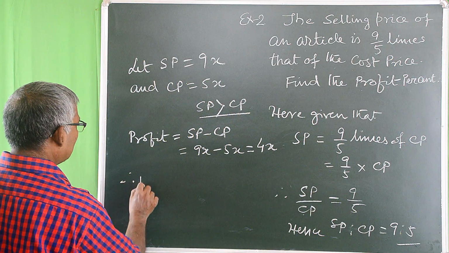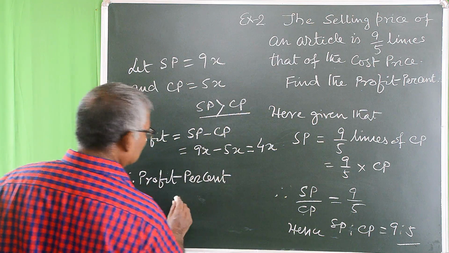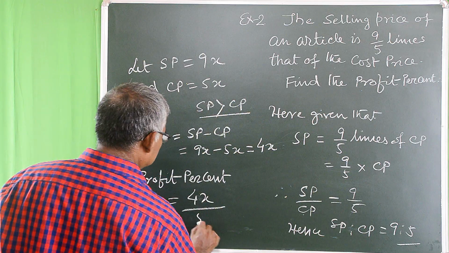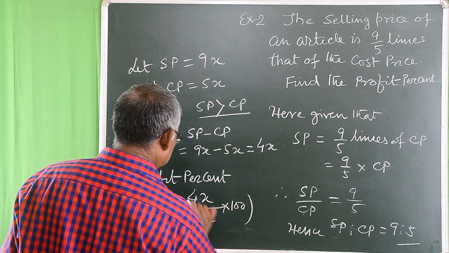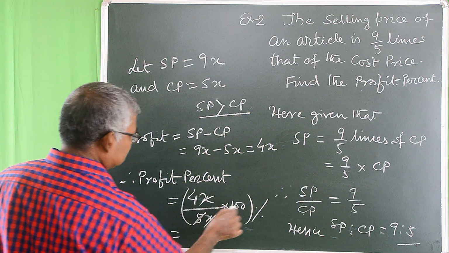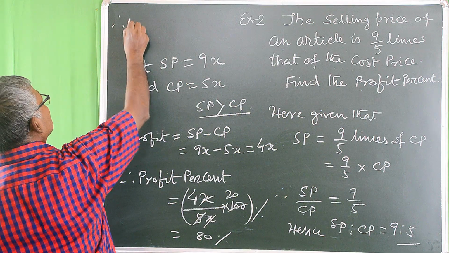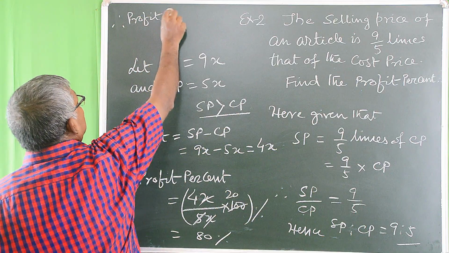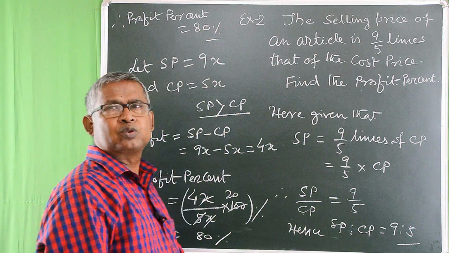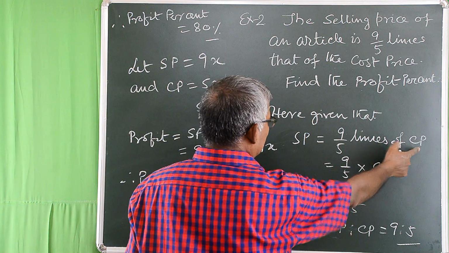Therefore profit percent equal to 4x by what is the cost price, 5x into 100%, that is here x cancelled, it is 20, that is 80%. Therefore profit percent equal to 80%.